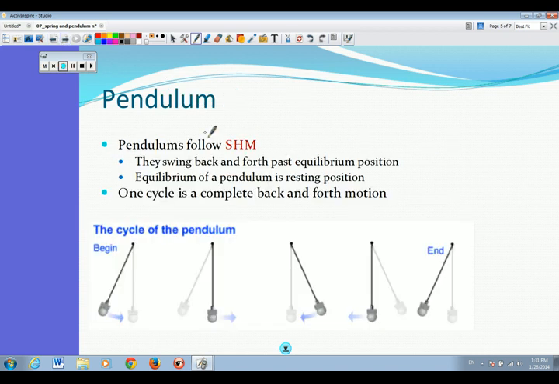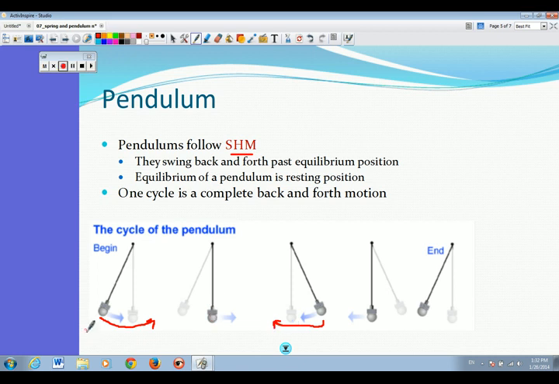The other thing we'll look at is the pendulum. Remember, what does a pendulum have to do? You have a back and forth motion. The pendulum period is the time for one complete motion. So it has some type of equilibrium position at rest.